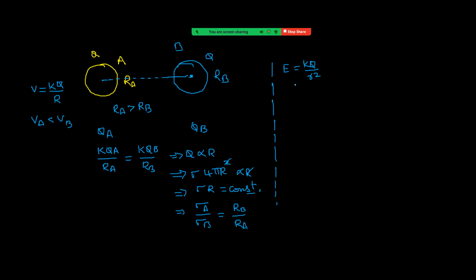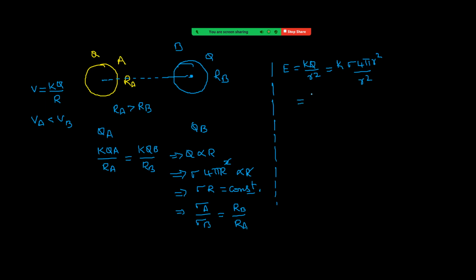Now see what we can say here. In the place of Q, I write sigma into 4 pi R square, by R square. R square cancels.